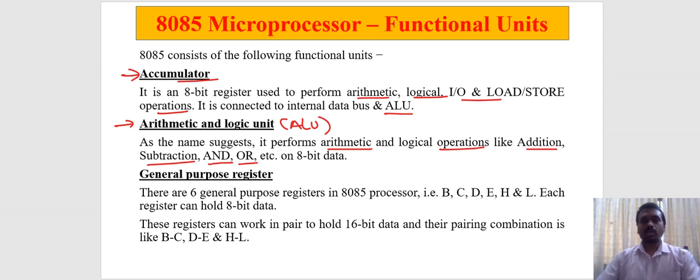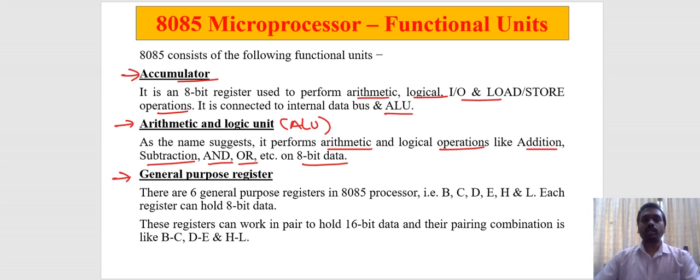All these operations are carried out on 8-bit data only, because as we already said in the specifications, the 8085 is an 8-bit microprocessor. So whatever operations it carries out can be carried out on 8-bit data only.